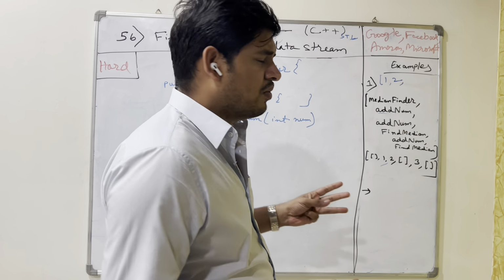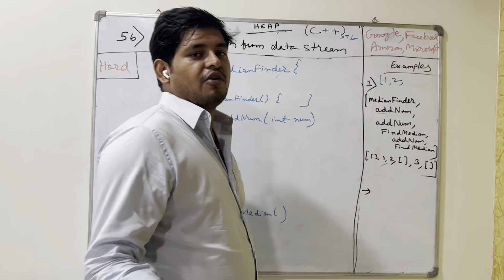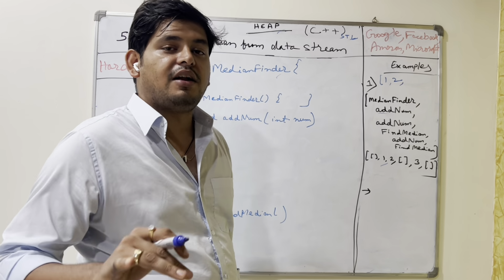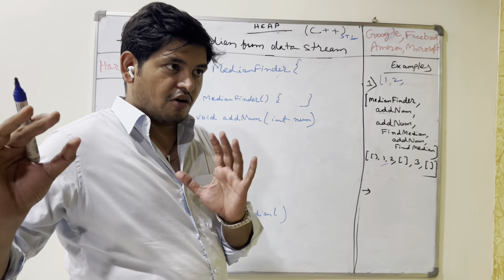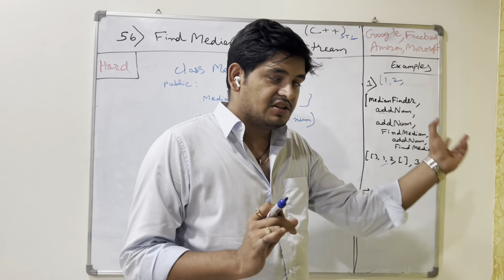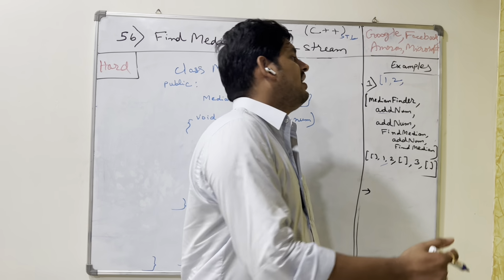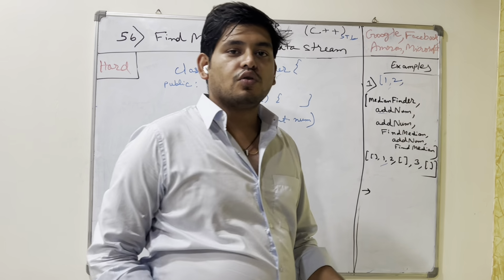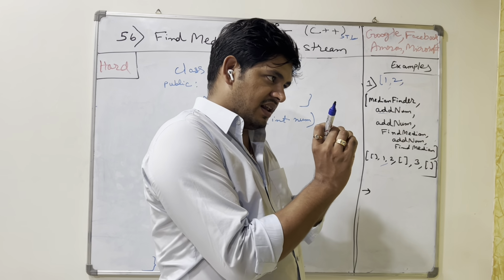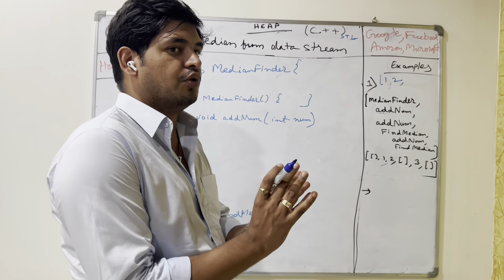You know the formula for the median: when there are an odd number of elements, the median is the (n plus 1) divided by 2 index in the list when it is arranged in ascending order. But when the numbers are even, we take the middlemost values and take the average of those two values.